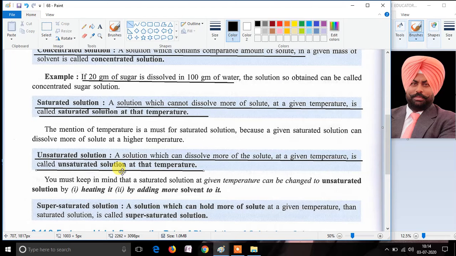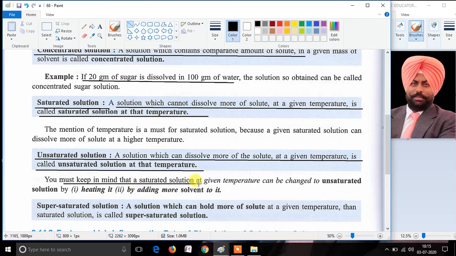And if we further add 1 more gram of sugar and it also gets dissolved, it is again called unsaturated. Till the sugar stops dissolving in it, we will call the solution an unsaturated solution. As the added sugar stops dissolving in it, we can say that now the solution has become saturated.